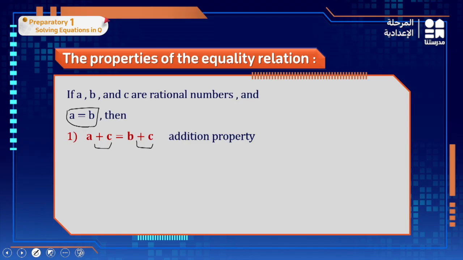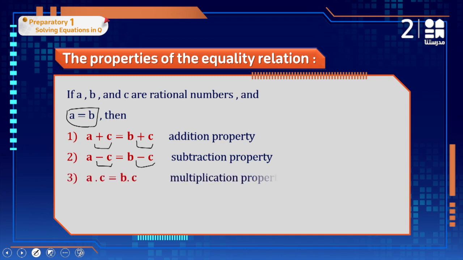Number 2, we subtract c from both sides, so it is called the subtraction property. Number 3, we multiply both sides by c, and it's called the multiplication property. Number 4, a divided by c equals b divided by c, and c is not equal to 0 because any number divided by 0 is undefined. So it's called the division property.